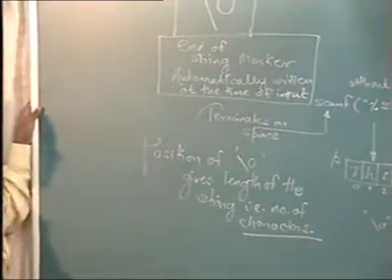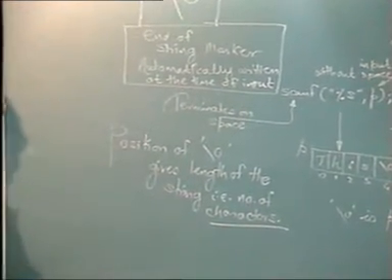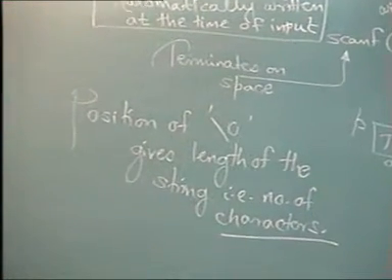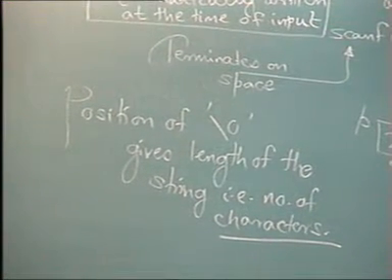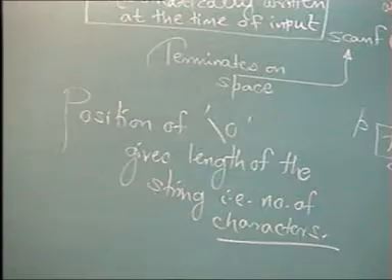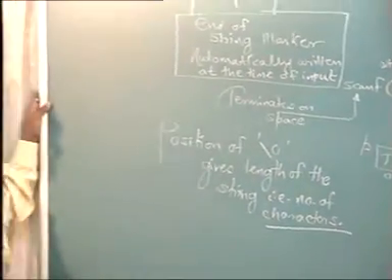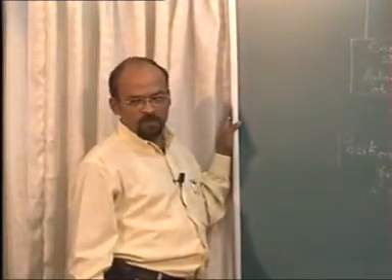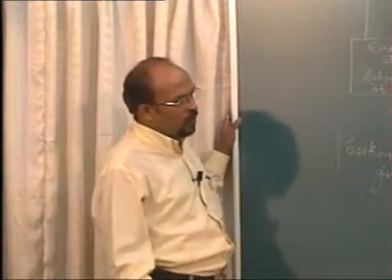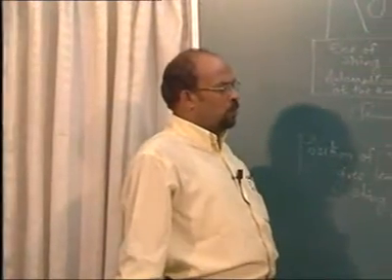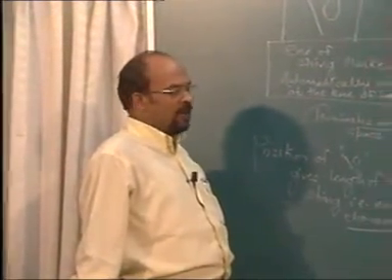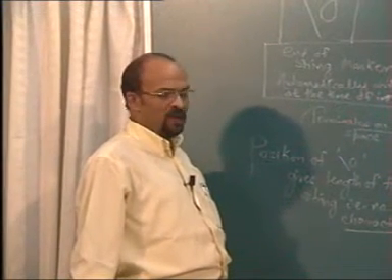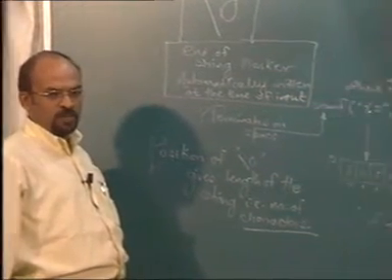In the first case, "this" is the only word, so the length is 4 and the position of backslash 0 is 4. Whereas in the second case, the length of the string is 13. It includes spaces, full stop and all other characters. So it is 4 plus 4 is 8, plus 2 is 10, plus 2 spaces is 12, plus full stop is 13, occupying positions 0 to 12, with backslash 0 at position 13.